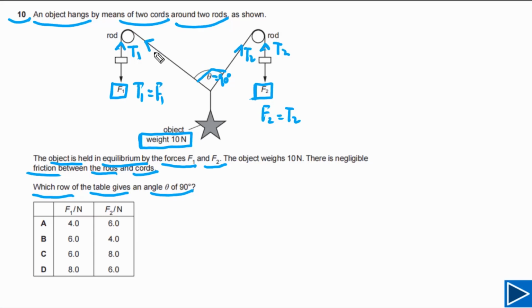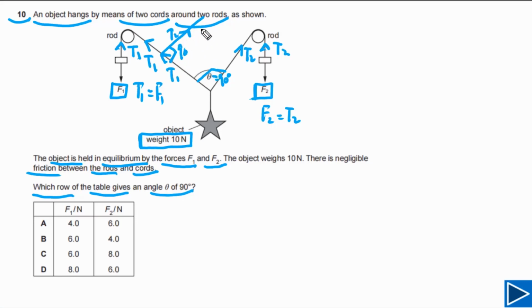Now the vector sum of T1 and T2 has to be equal to 10 newtons. So we can draw here T1, and if I draw T2 from here at an angle of 90 degrees, this one is T2, and the angle between T1 and T2 has to be 90 degrees.